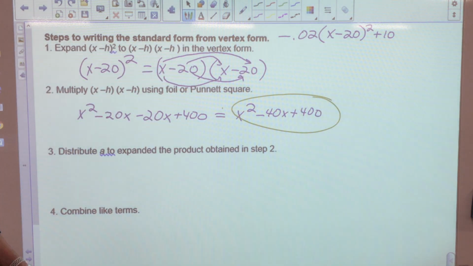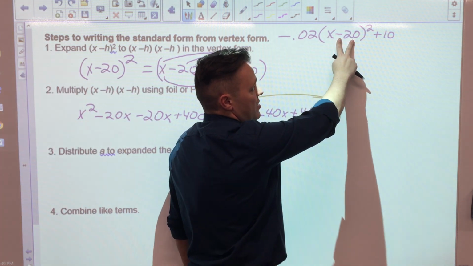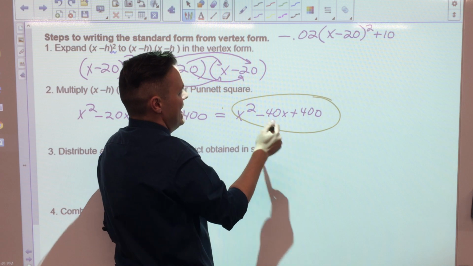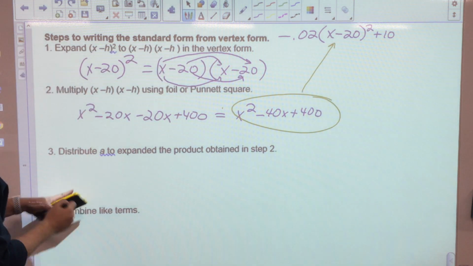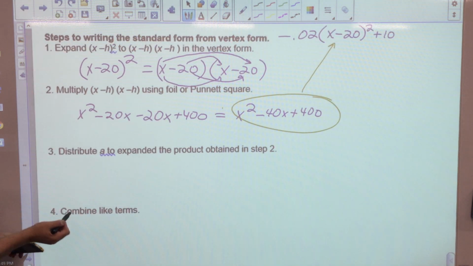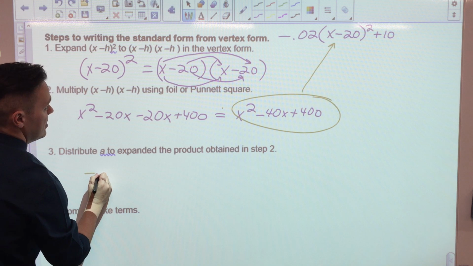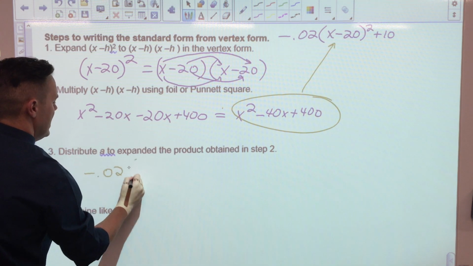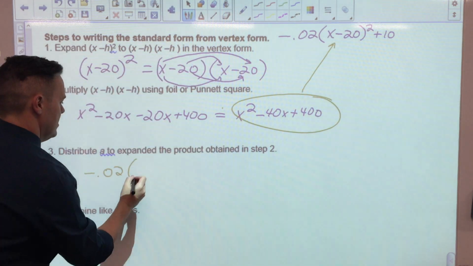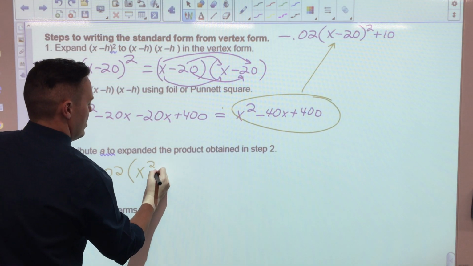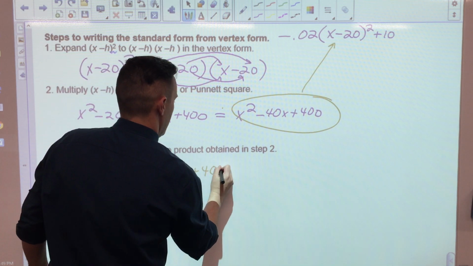All right, so what I did is I'm changing this equation here that I've carried all the way through, and these are the exact same thing. So what you're doing for number 3 is taking this equation, which down here is going to be negative 0.02, and instead of writing (x minus 20) squared, I'm going to write this: x squared minus 40x plus 400.